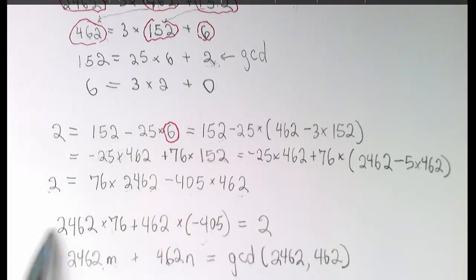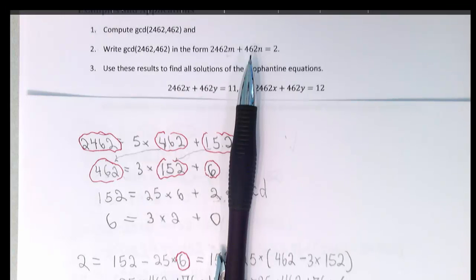So if we reorder, we have 2,462 times 76 plus 462 times minus 405 is equal to 2. In other words, we've expressed the GCD of 2,462 and 462 as a linear combination of those two integers, which is what we were asked to do in part 2 of this example.